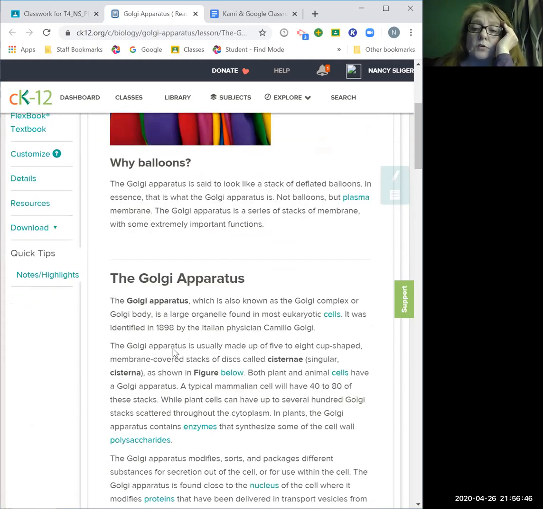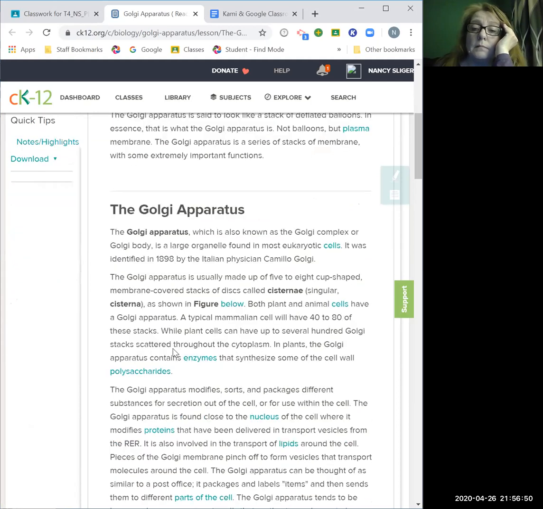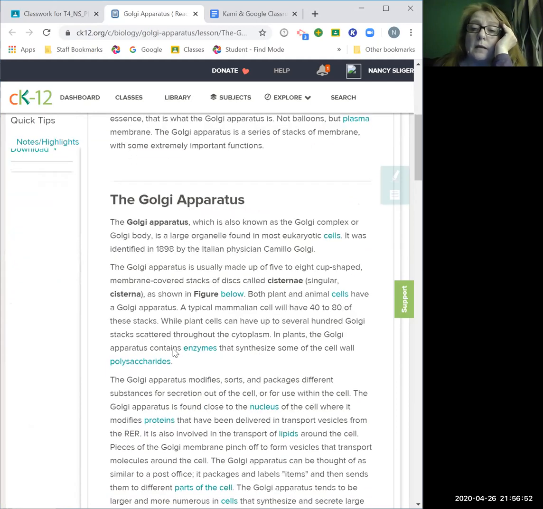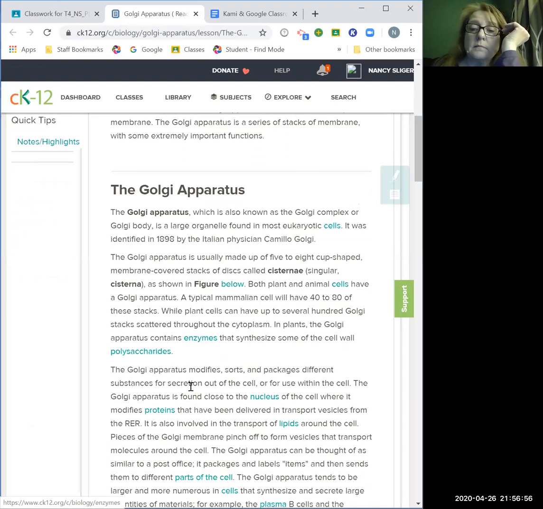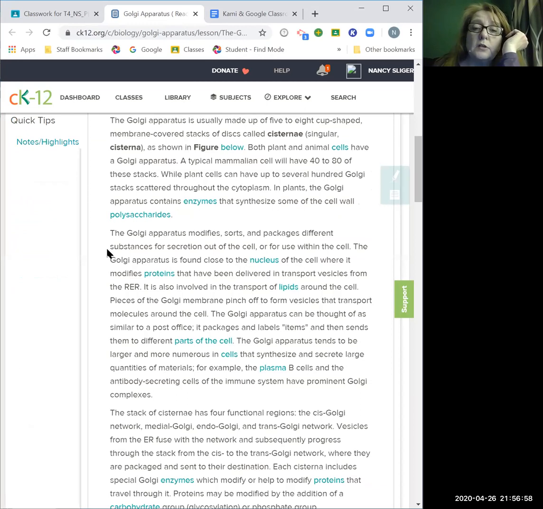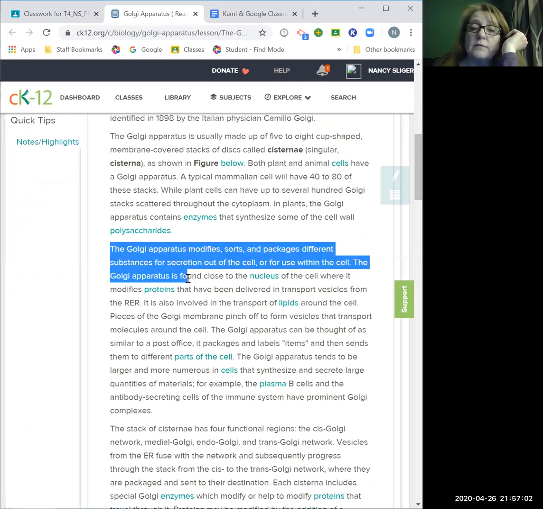Could be called a Golgi body or Golgi complex. And it's made of 5 to 8 layers of membranes. And basically what you need to know is that the Golgi apparatus modifies, sorts, and packages different substances for secretion out of the cell.